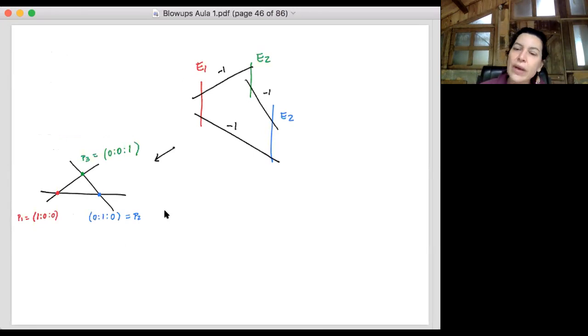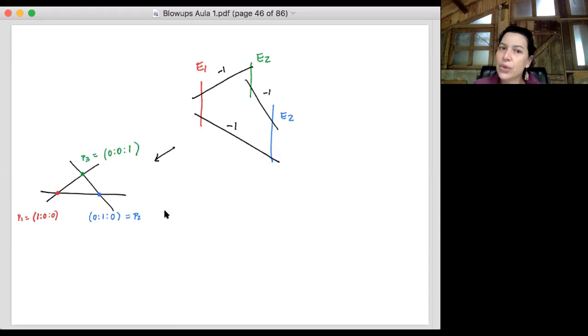But again, if you look at the strict transforms of the line passing through 2 of the 3 points, you compute its self-intersection, and again, this is going to be -1. So we have these 3 -1 curves, which are the strict transforms of the lines. And these are disjoint -1 curves.